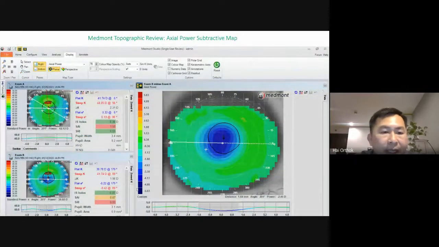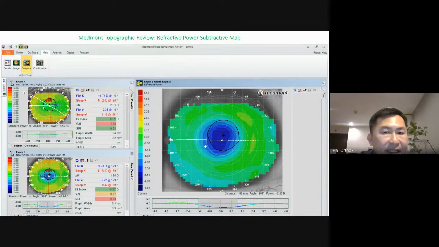For example, we can have the minus subtractive map on the axial power and see how the lens corrected the eye. We can see the refractive power and see some areas are very deeply refractive and other areas are less refractive, to troubleshoot the lens more effectively in the portion that needs more refraction, which is the central cornea.